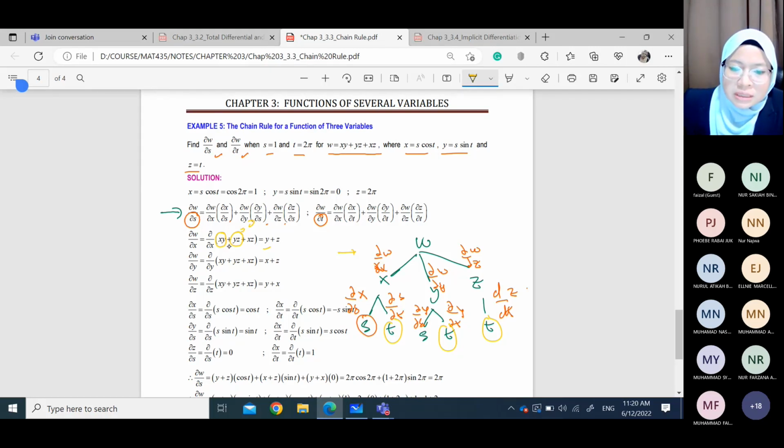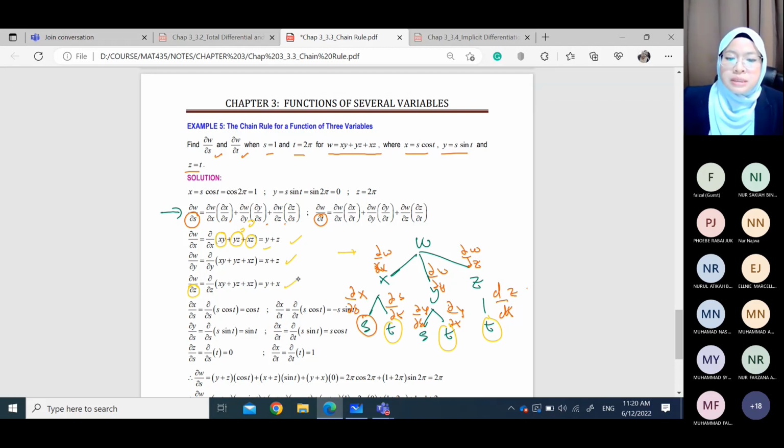And derivative respect to X on XZ, we have Z. So derivative respect to X on W is Y plus Z. Okay, so it is similar for this one. To differentiate respect to Y on W, so X and Z remain as a constant, then here we have X plus Z. Untuk Z pun sama, so bila nak differentiate respect to Z, X and Y remain as a constant, then we have X plus Y.